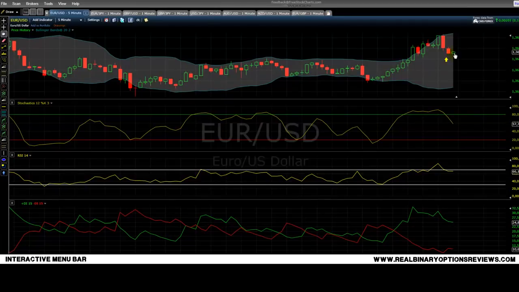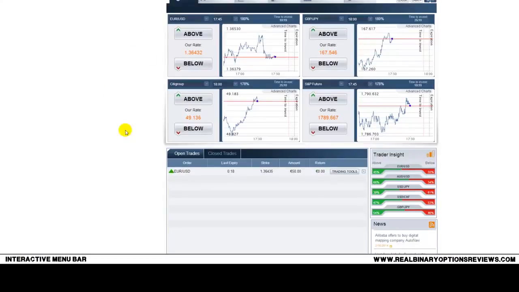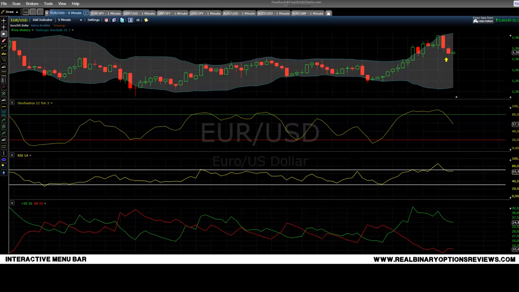So you can see we are just having a small green candle, but this is enough for a successful trade if this candle stays in the green. And you can see my option will expire in the next 15 seconds. So I'm going to open the chart. Let's see what's happening in the chart here.